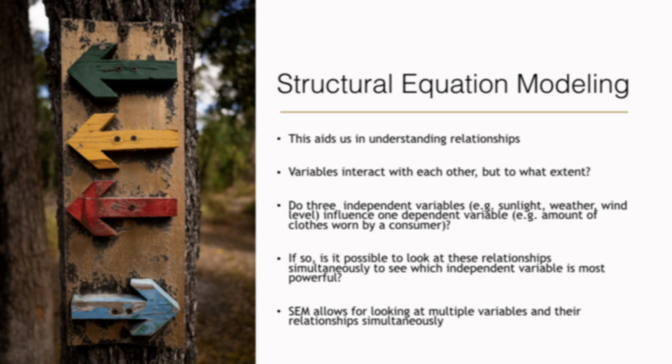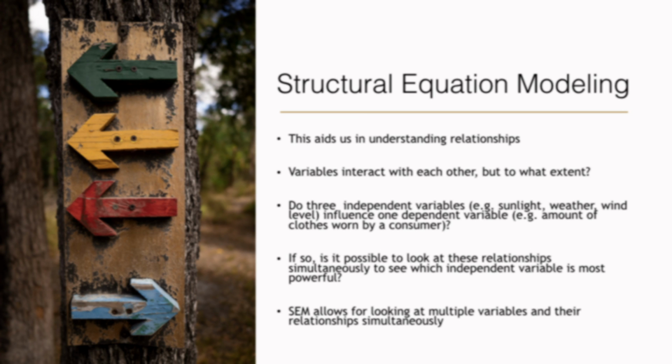Structural equation modeling, SEM, allows for looking at multiple variables and their relationships simultaneously. So at the beginning of this lecture, I was talking about multiple linear regression. Multiple linear regression looks at each independent variable isolated in its predictiveness with a dependent variable.